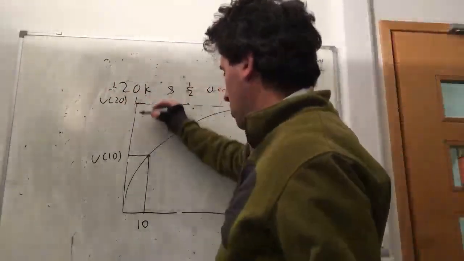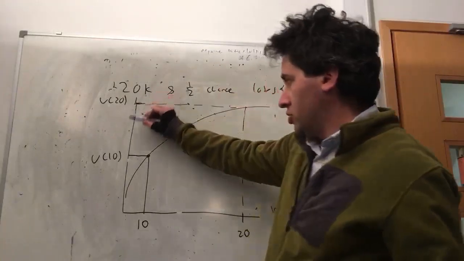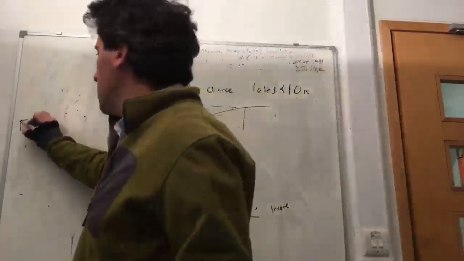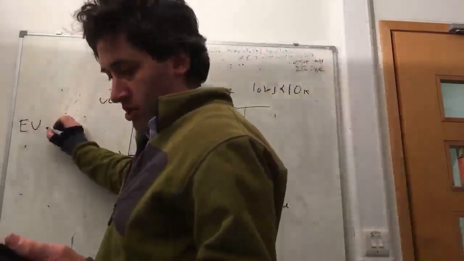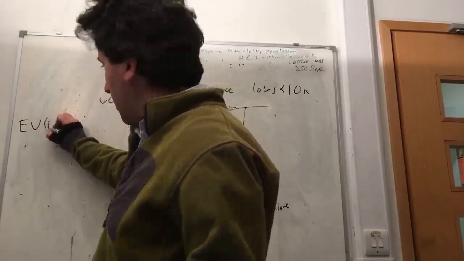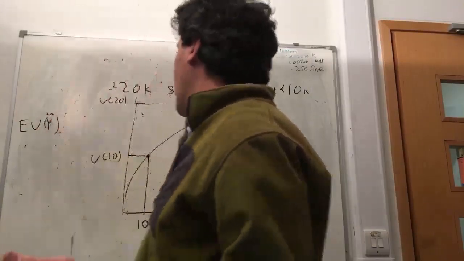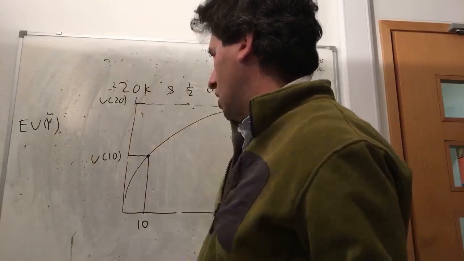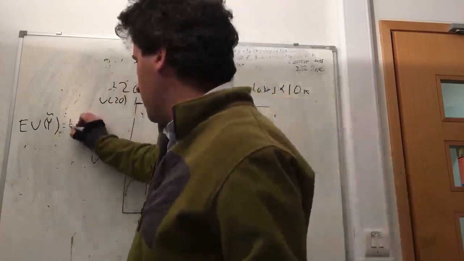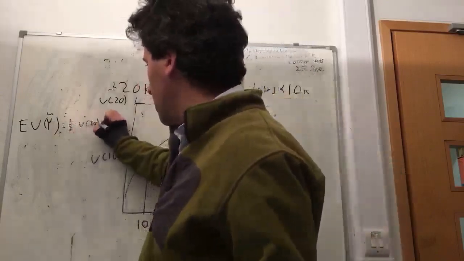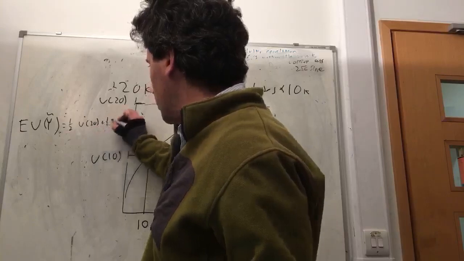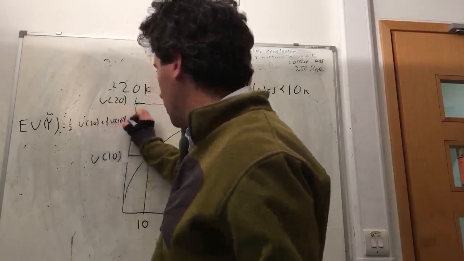Then we noted that if they're uninsured, their utility of having this uncertain income, which I'll call Y tilde, is equal to half their utility from 20,000 and half their utility from 10,000.